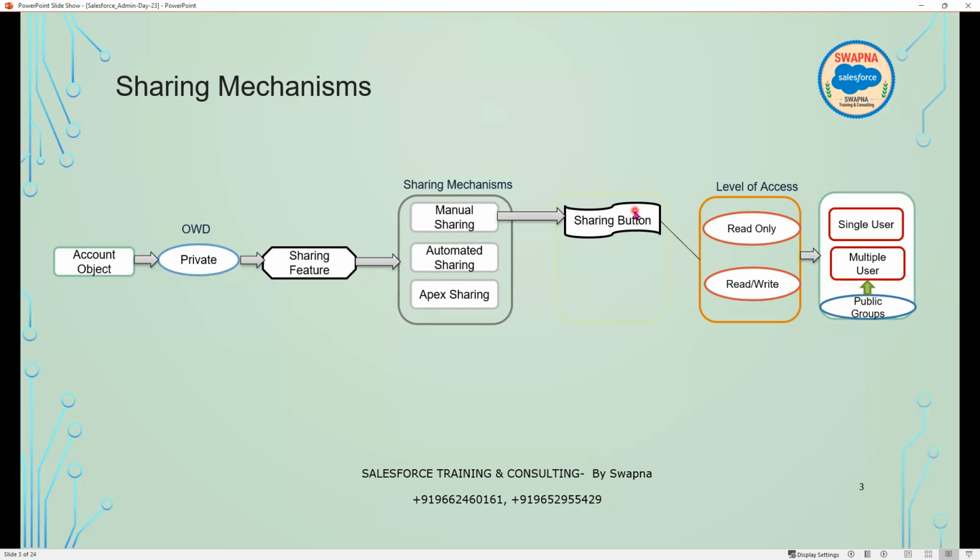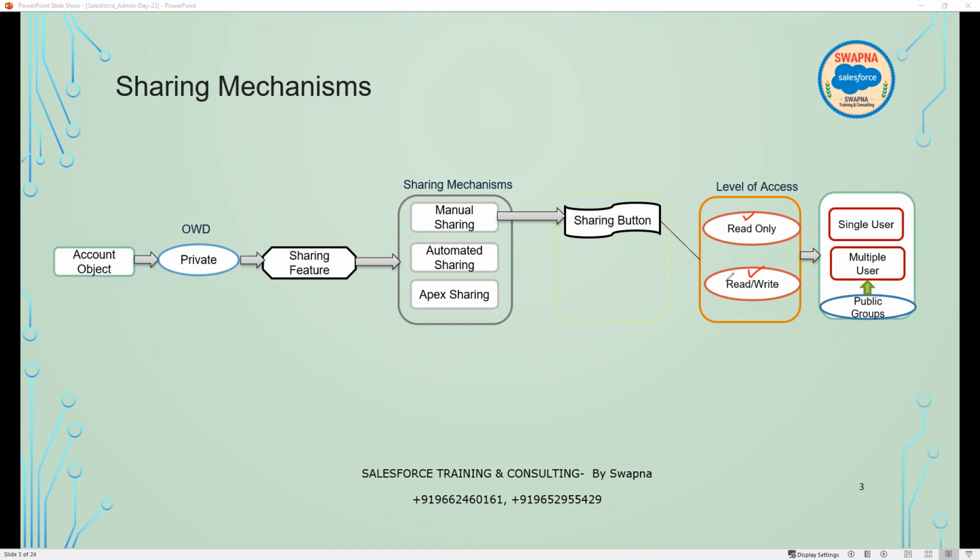In manual sharing, we have an option called the sharing button. Using this sharing button, the user can share the record with user two as read only or read write. Read only means user two will have only view access. If it is read write, that means user two can edit and update the record.